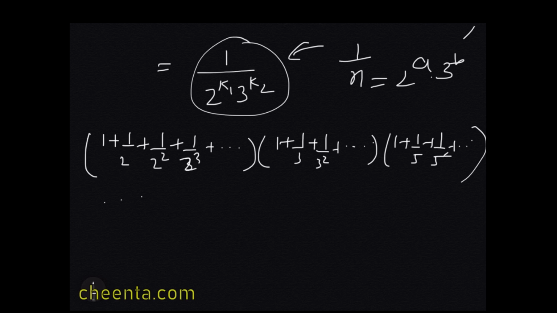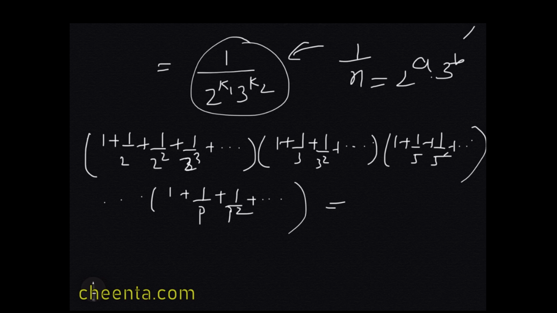Now if I do this for all primes, with 1 plus 1 by p plus 1 by p square for each prime p, basically every number that is a product of primes 2, 3, 5 and so on appears in that summation. But every number can be represented as a product of primes, and in fact every number has only one unique representation as a product of primes.